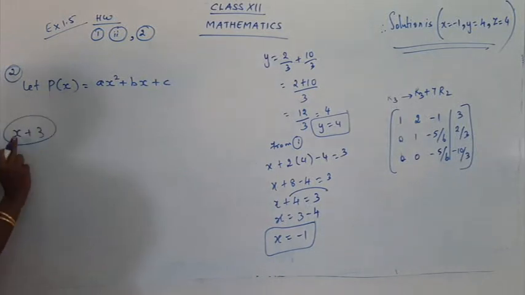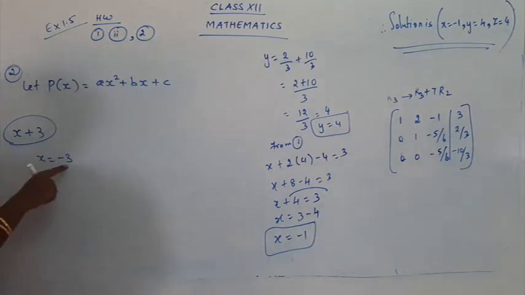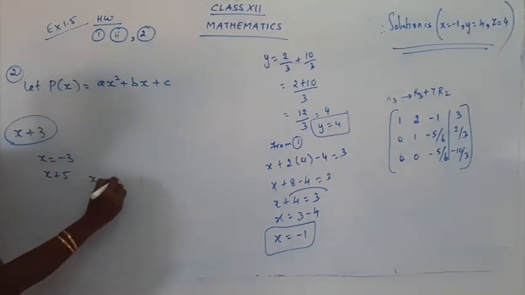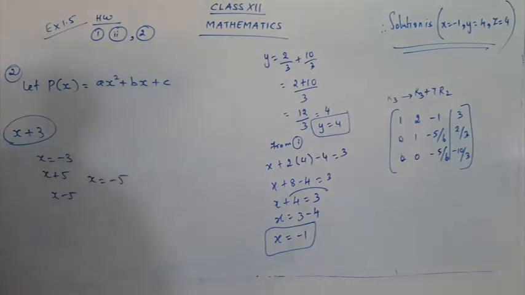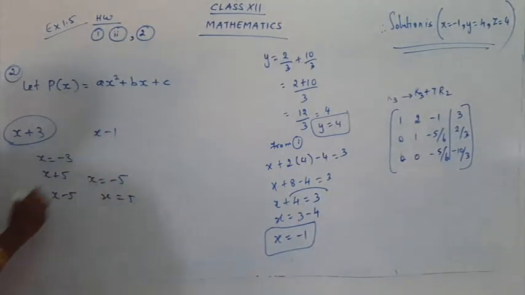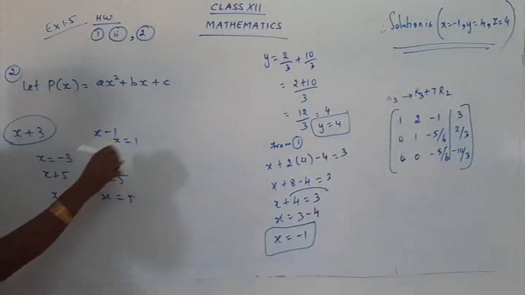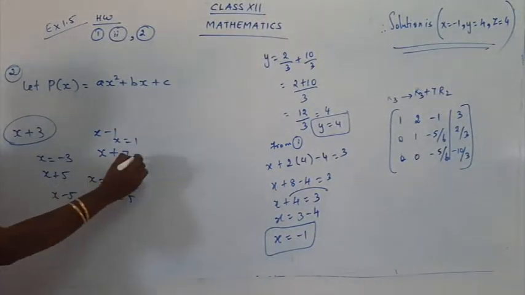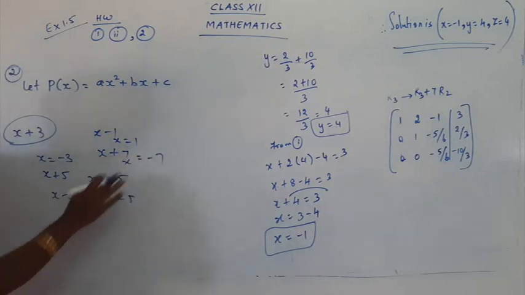If x plus 3, then x will be taken as minus 3. We are finding the zeros. So x becomes minus 3. X plus 5 means you should take x is equal to minus 5. X minus 5 means x is equal to 5. X minus 1 means x is equal to 1. X plus 7 means x is equal to minus 7.